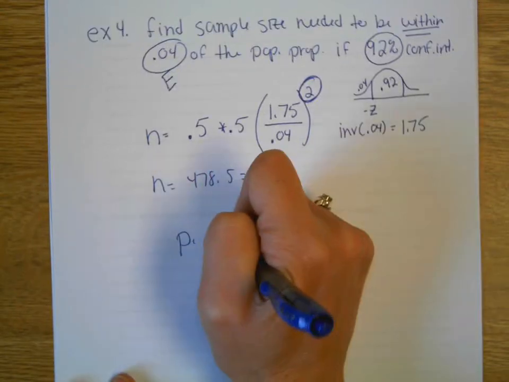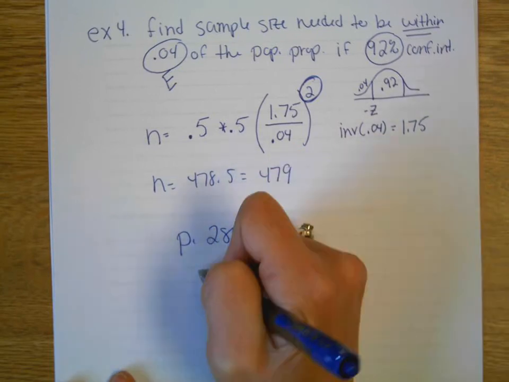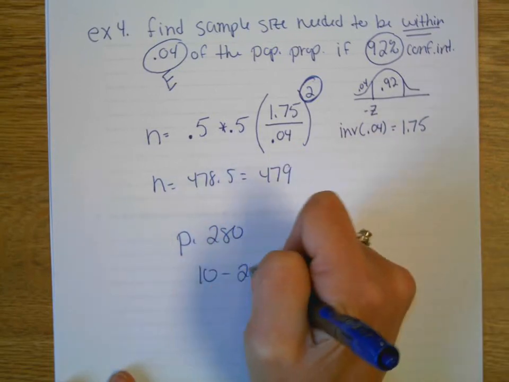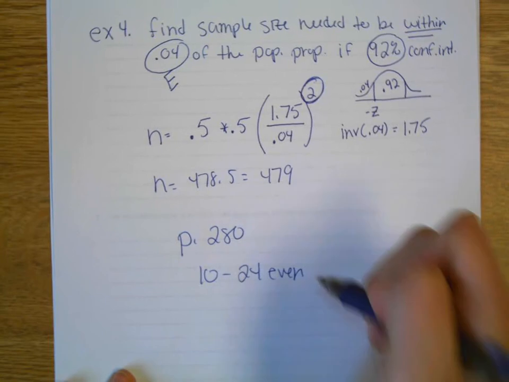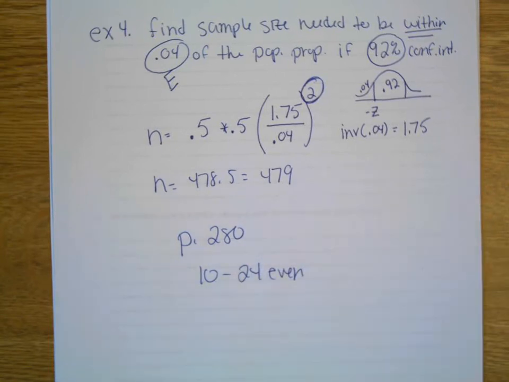Page 280. Ten through 24 even. Let's see how many of these are confidence intervals. Sample size, sample size, sample size.